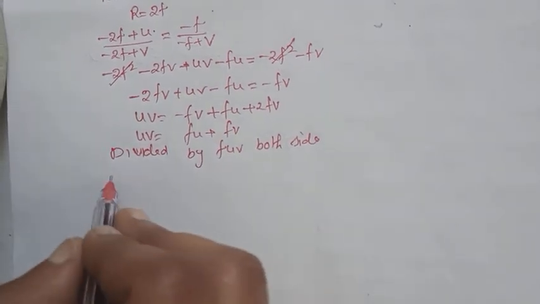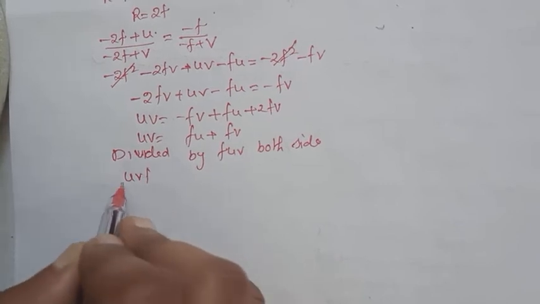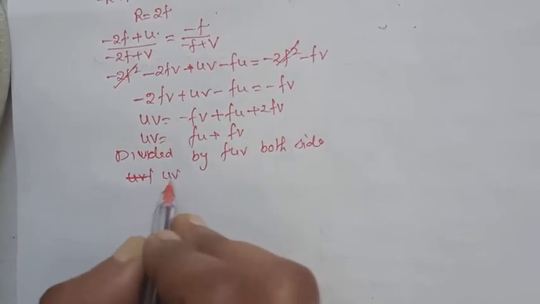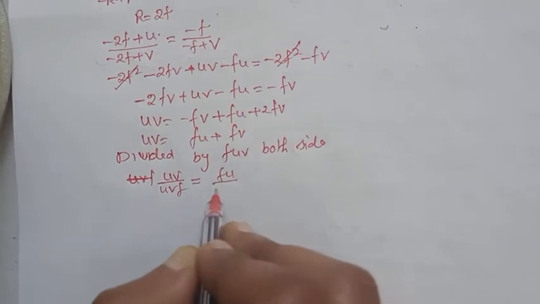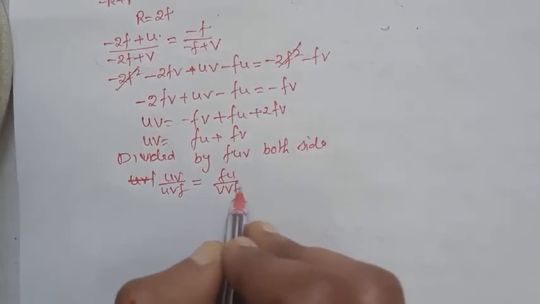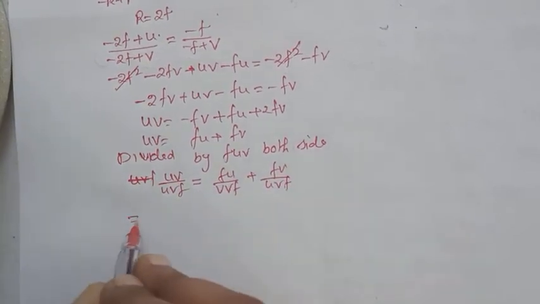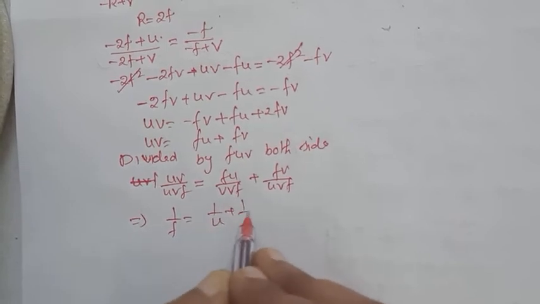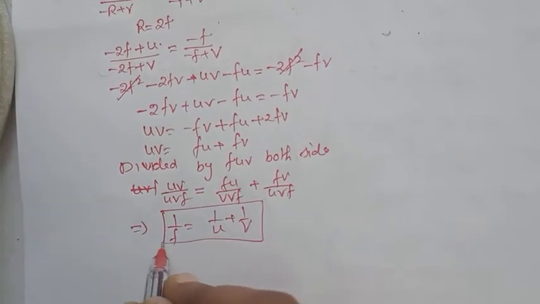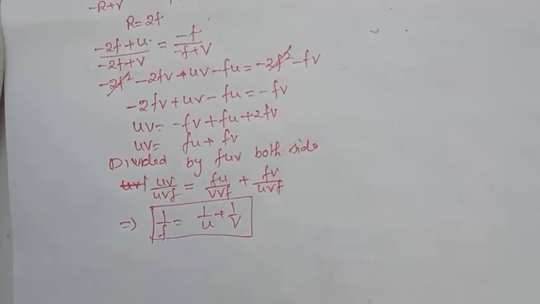Then this equation can be written as UV divided by UVF, UF divided by UVF plus FV divided by UV, and sort out this: 1 upon F equals 1 upon U plus 1 upon V, which is a mirror formula when a concave mirror forms a virtual image.